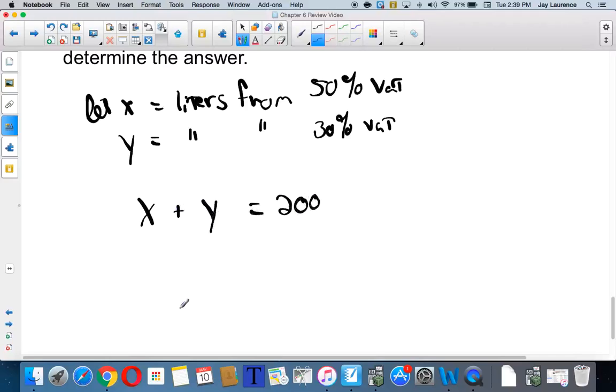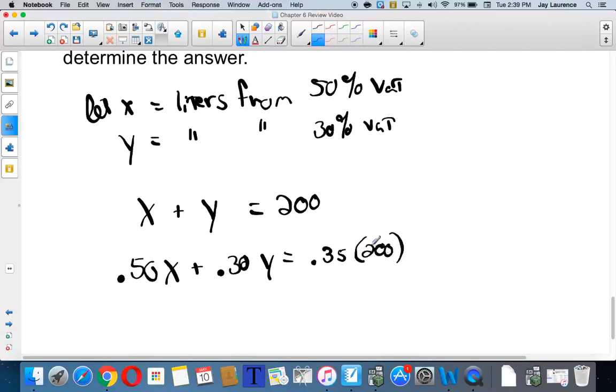Now, the amount of acid, well, I would take the percentage of acid and multiply it by the liters from the vat. Then I'm going to take 30%, which is the percentage of the acid, multiplied by the liters. And then I've got to take 35% and multiply it by 200.